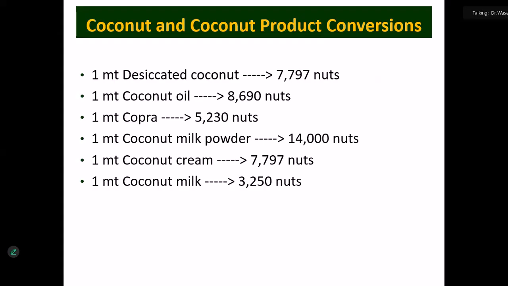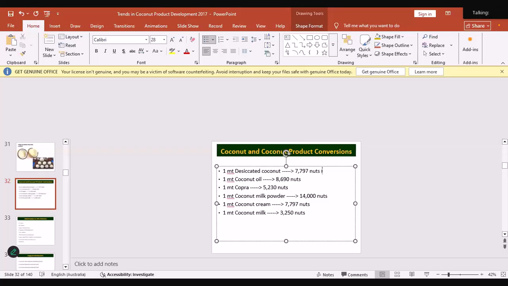Approximately 7,800. You can write it as 7,800 nuts. Here coconut oil 8,700.